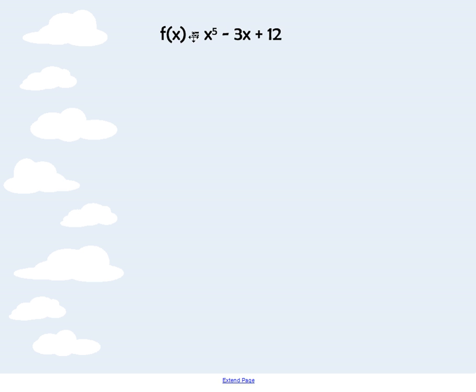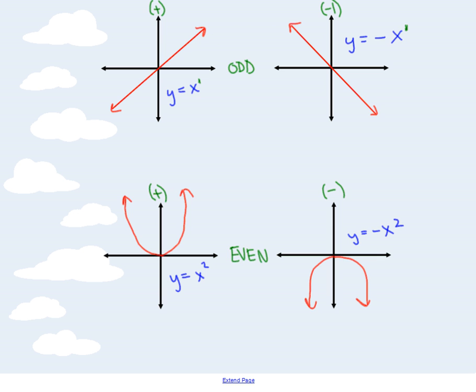So here's our first example. Our leading coefficient here is a positive 1, and our exponent is odd. So you're going to think back to odd and positive. That's kind of the rough idea of what your picture should look like.